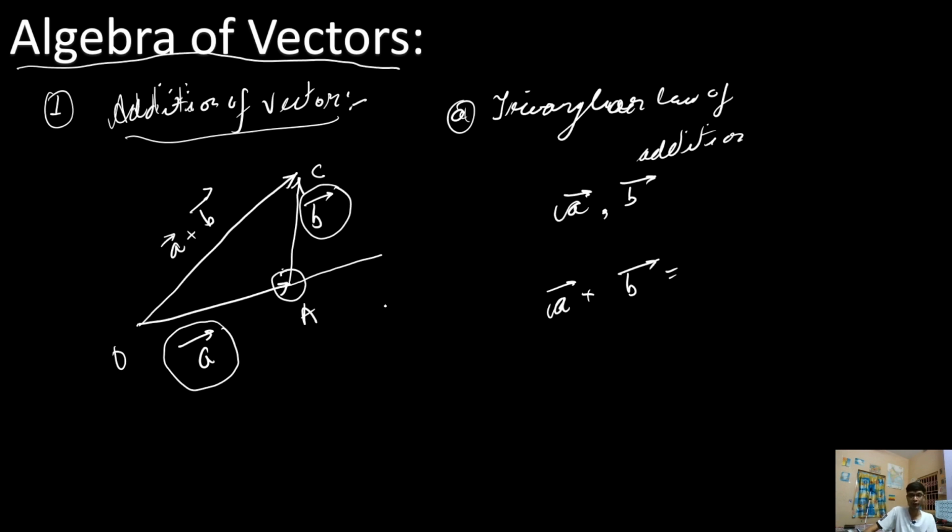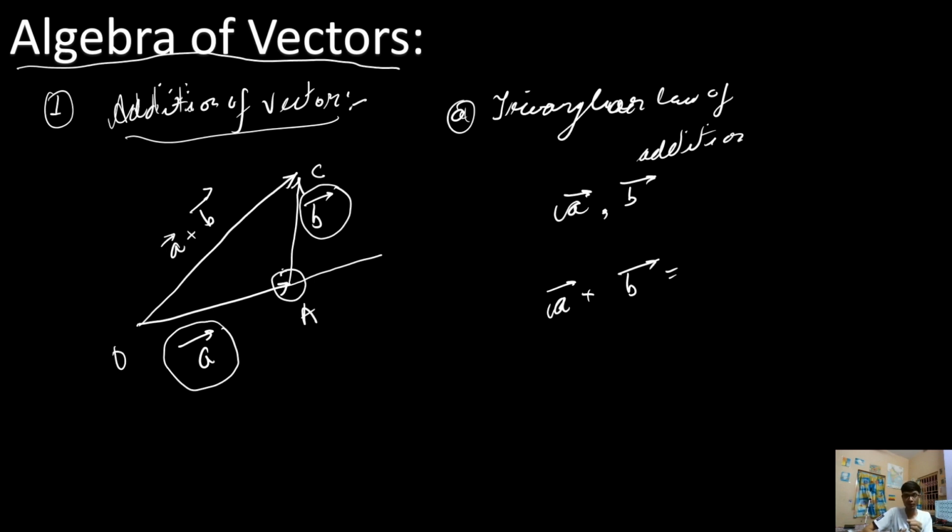Before that, if I want to know the angle between two vectors, the angle is formed by joining the tail of both the vectors, or by joining the head of both the vectors, and the angle formed becomes the angle between the two vectors.